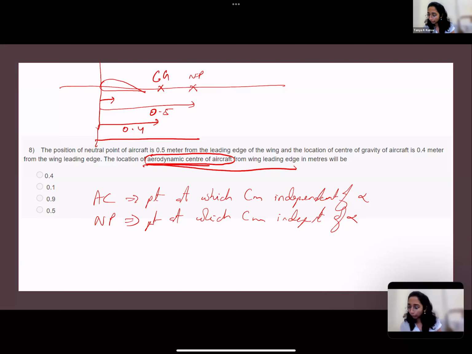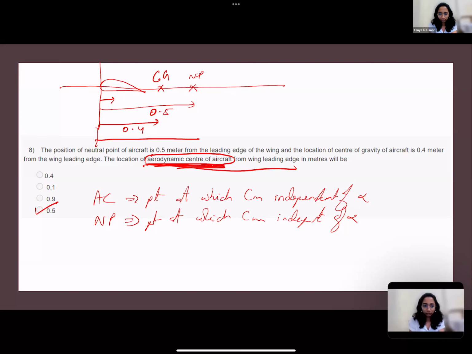So now can you tell me what the answer is? 0.5. Perfect. Correct. So did everyone understand why it's 0.5?